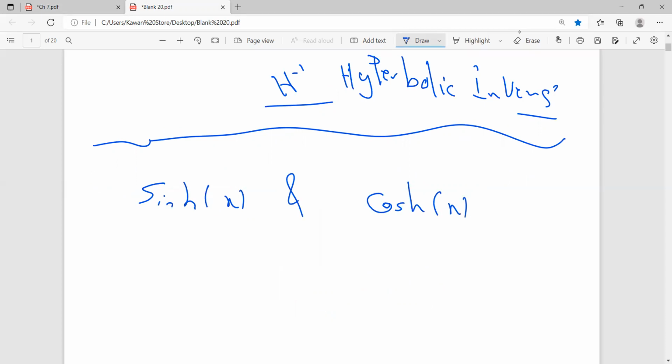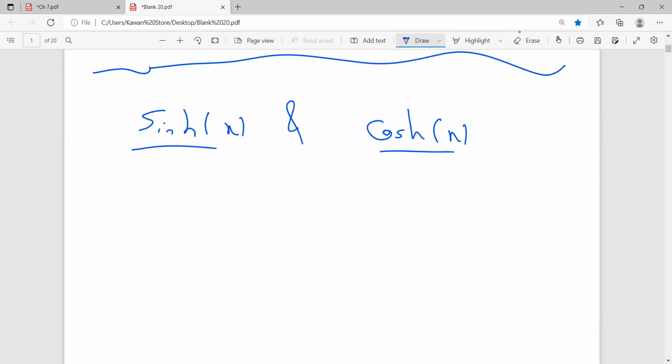So careful, we have h in x and h again. So sinh and cosh are the basics, as you know, like sine and cosine. The definition of them is like that.